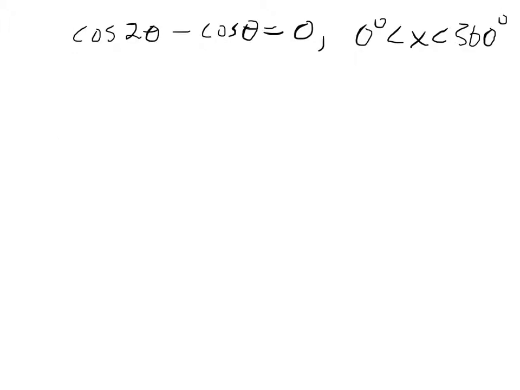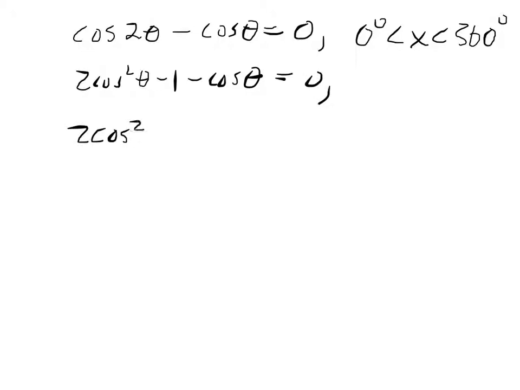Again, a similar problem, but just to show you, your choice for the cosine 2 theta is going to come into play. You get the three choices: cosine squared minus sine squared, 1 minus 2 sine squared, or 2 cosine squared minus 1. With a cosine here, I'm going to pick the 2 cosine squared theta minus 1 minus cosine theta equals 0.